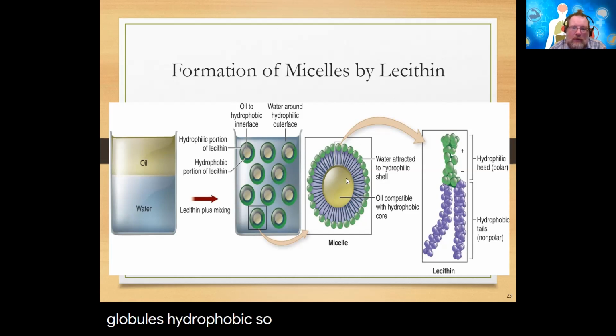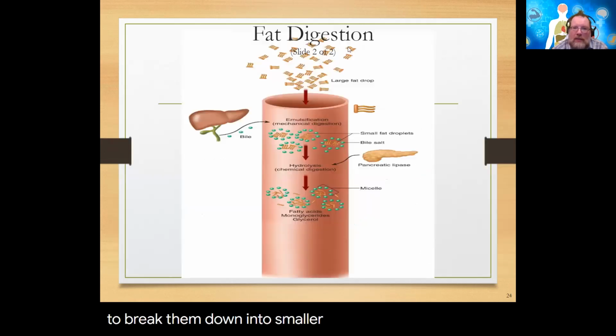So what we have with these micelles, with this lecithin portion of bile and these bile salts, is we're going to be able to coat those fat globules, and we're going to break them down into smaller bits. So these large fat drops or globules are too big to be absorbed in the small intestinal wall, so we form a micelle, and then from that micelle we can add pancreatic lipase, and the pancreatic lipase can come in as the micelle breaks apart.